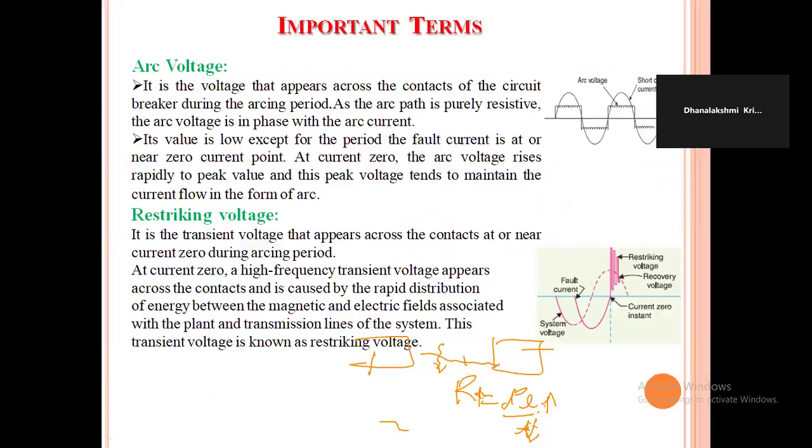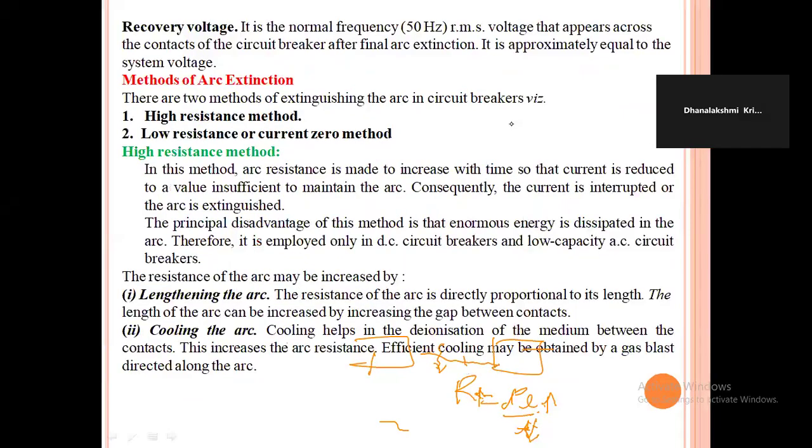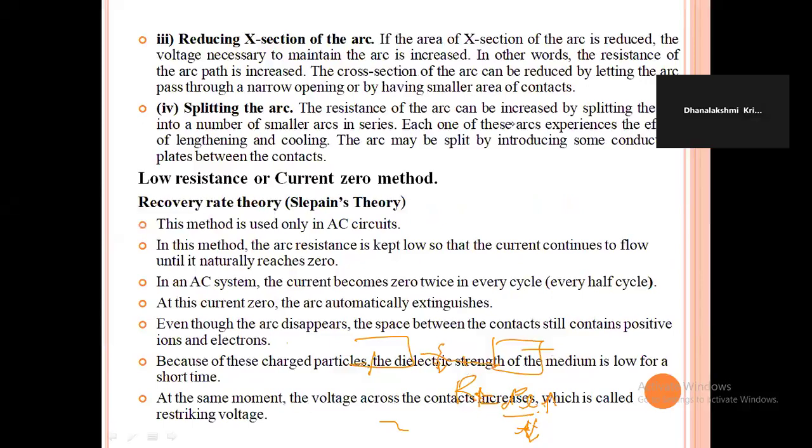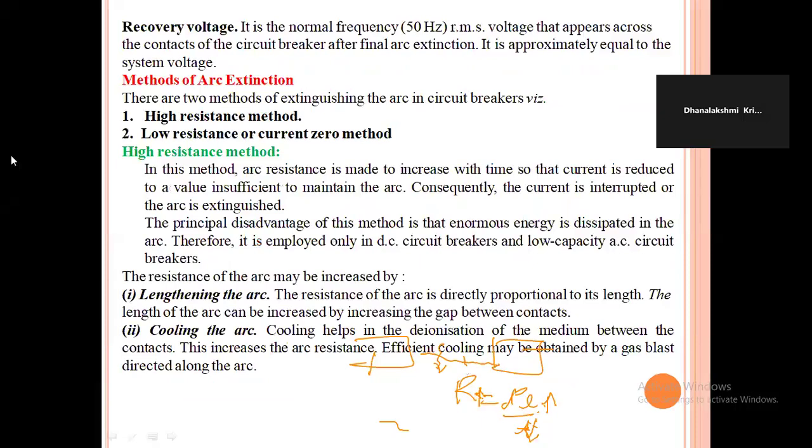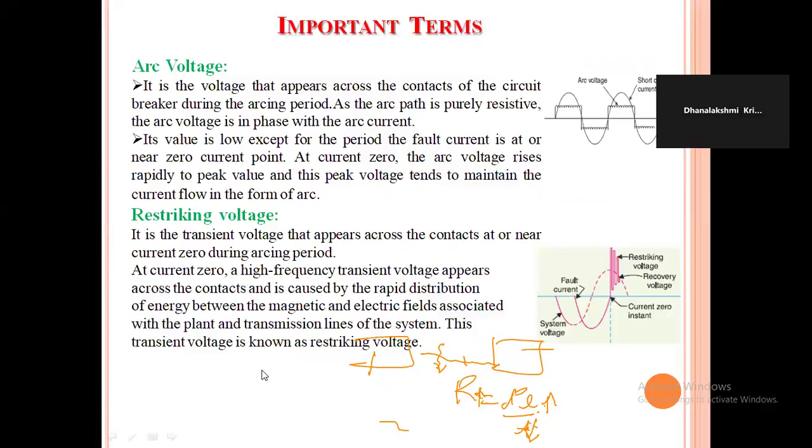So these are the important terms: arc voltage, restriking voltage, and recovery voltage. This is the system voltage.